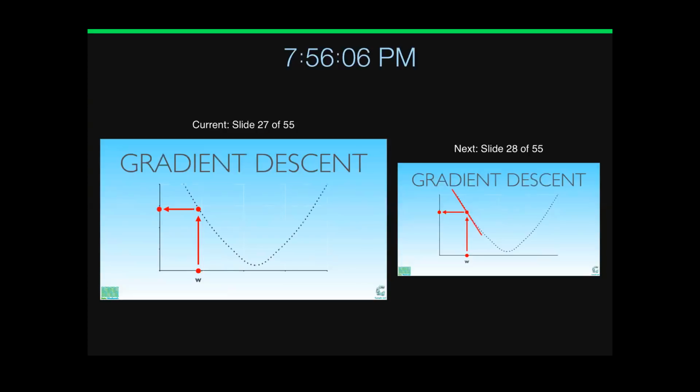Now, the problem is we don't know the cost function. We only know the value of the cost for this particular value of the weights. So we don't know that the cost function is like this and that we should be going this way. So how do we minimize the cost if we don't know it, except for that particular value of the parameters that we're using? Usually you initialize the neural network with random values for the weights.